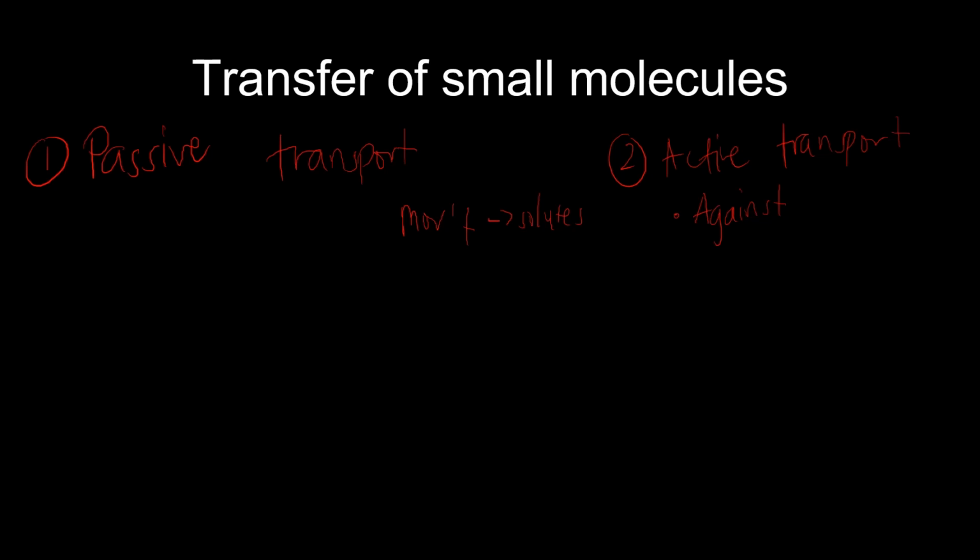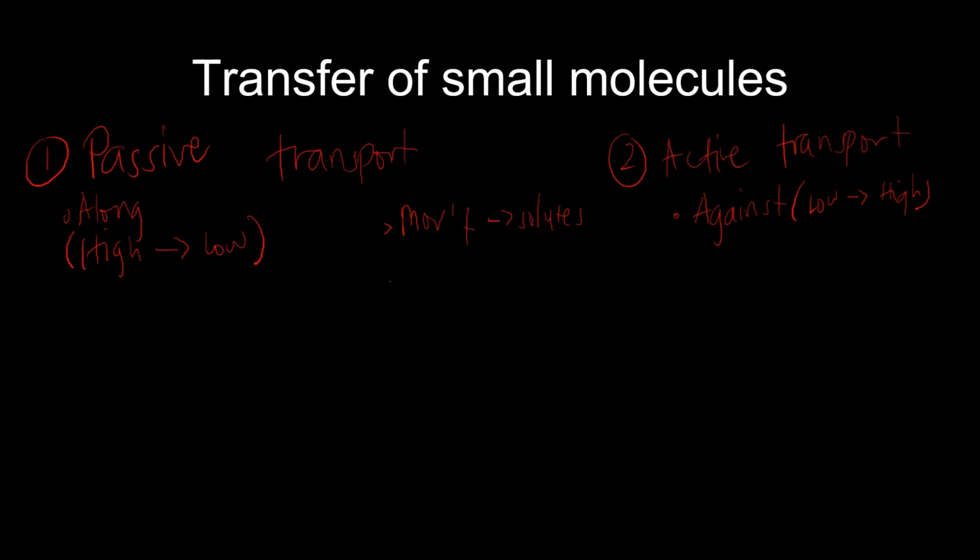So meaning to say it's from low concentration to high concentration. On the other hand, for passive transport, this is along the gradient, meaning to say this is from higher concentration to lower concentration. Okay, so this is one parameter, but how we can differentiate your passive and active transport.